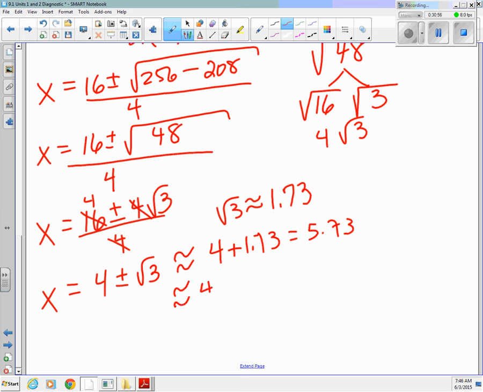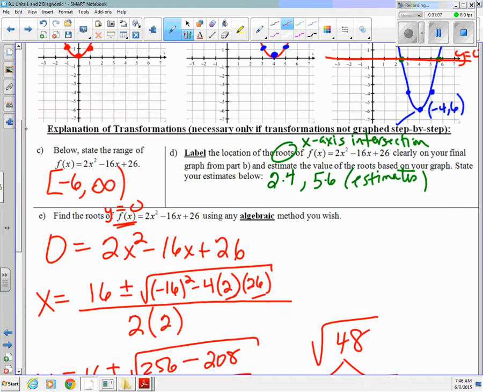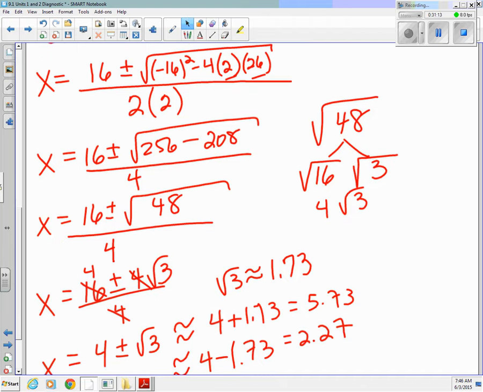And I get approximately 4 minus 1.73, which is about 2.27. And that's pretty close to my guesses from before. I had 2.4 and 5.6 just eyeballing it off the graph. So I'm pretty close. All right, that's it for this video.